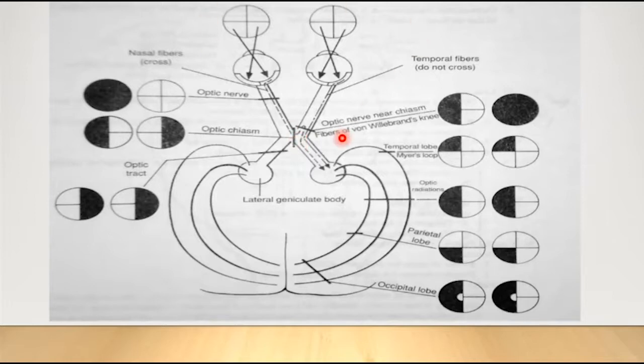So for the optic nerve, there's the nasal fibers and there's the temporal fibers. Is the optic nerve a nerve? It's like an extension of a tract. It's actually not. Even though it's called an optic nerve, it's actually part of the central nervous system.